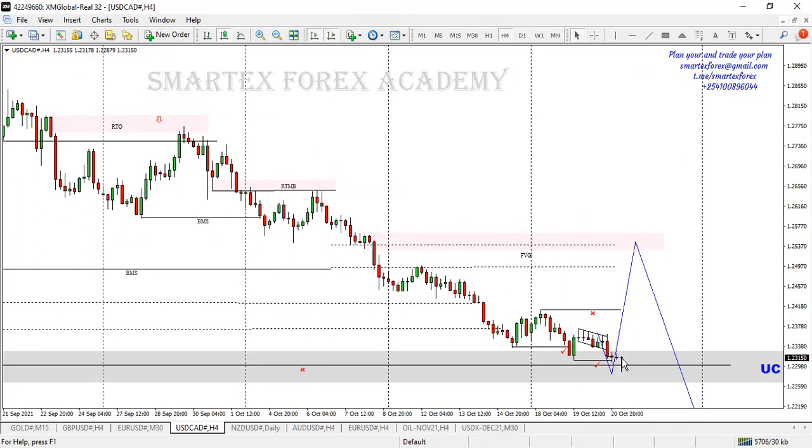Actually it has been taken out, so we don't need that one. So we have already the stop run to clear the liquidities. So we are safe to look for buy setups now, targeting this high.